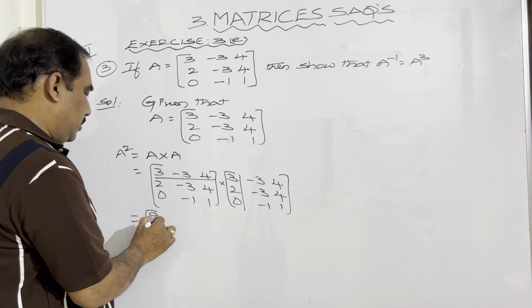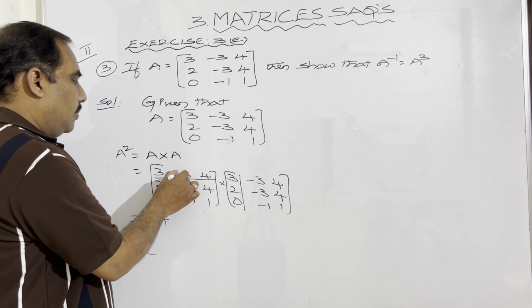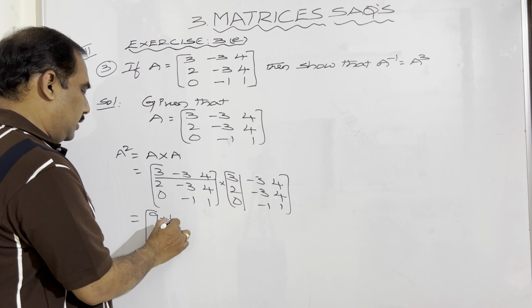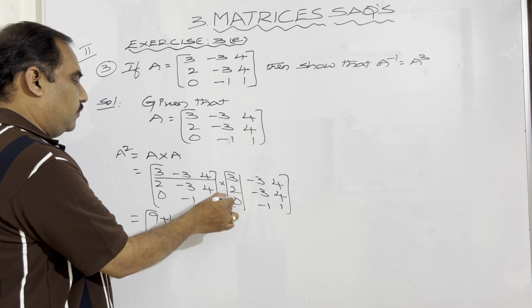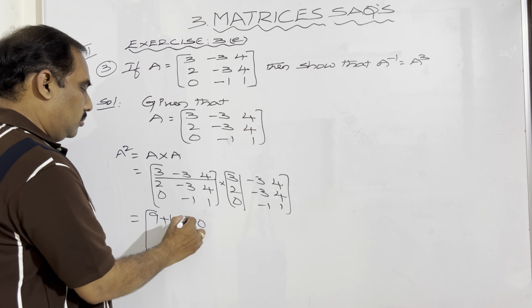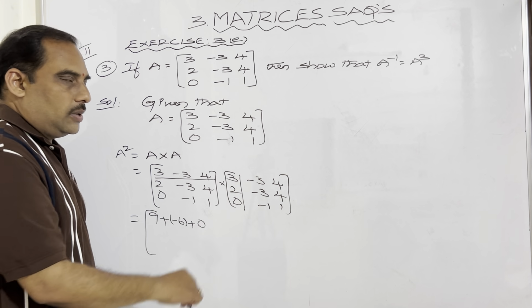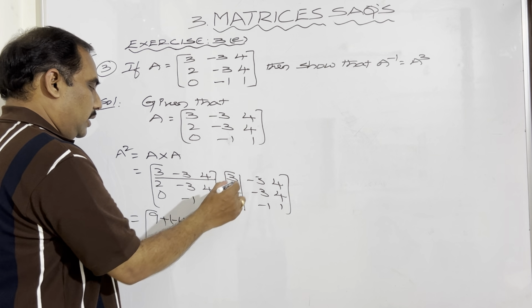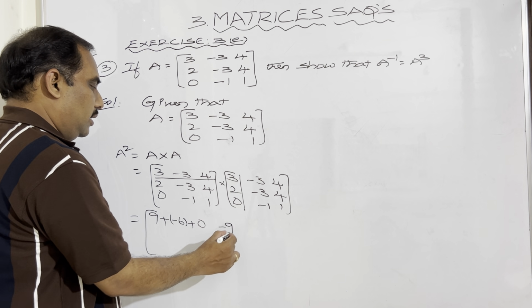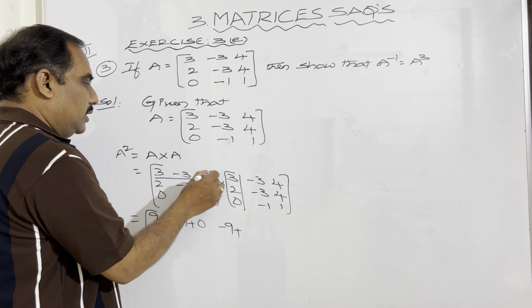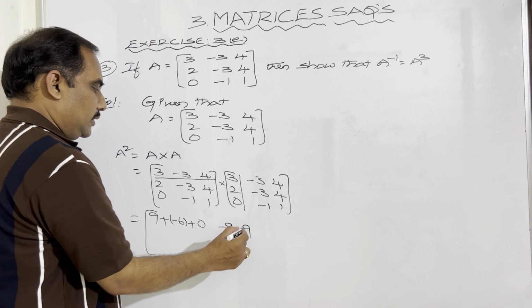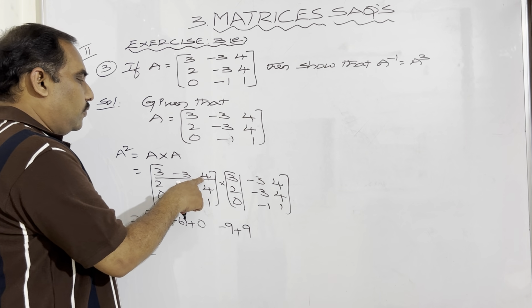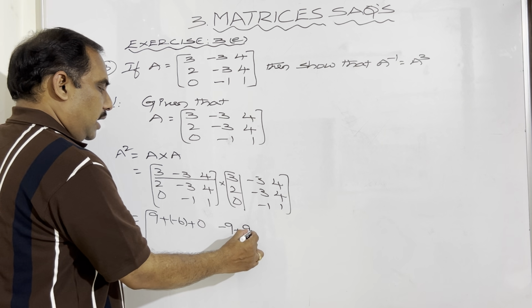that is 9, plus minus 3 into 2, that is minus 6, and 4 into 0, that is 0. First row, second column: 3 into minus 3, that is minus 9, plus minus 3 into minus 3, that is plus 9, and 4 into minus 1, that is minus 4.